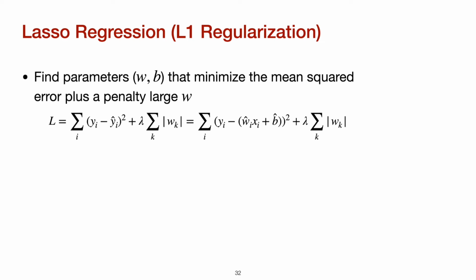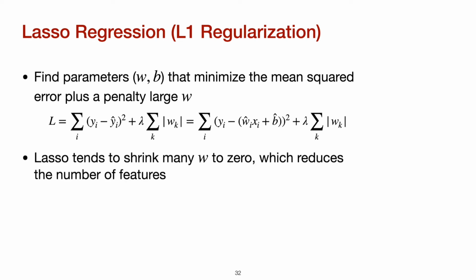And this tends to push these weight values to 0 explicitly, not just small values, but 0 values. So we encourage sparsity in our weights, which is, again, valuable for reducing the complexity of our models.